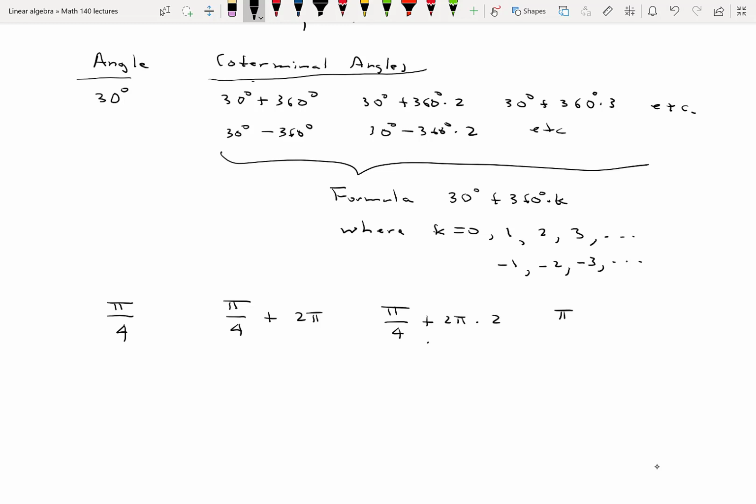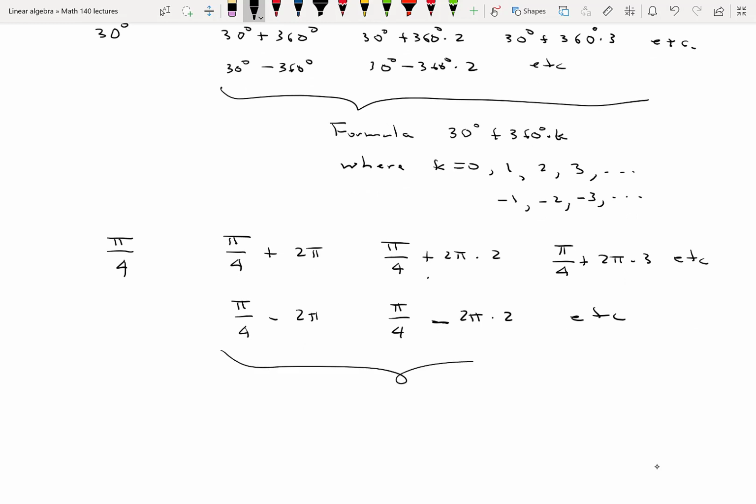Or pi over 4 plus 2 pi times 3, etc. Or I could have pi over 4 and subtract one revolution, or subtract 2 revolutions, etc. So the formula for all the angles that are coterminal with pi over 4 would be pi over 4 plus 2 pi k.